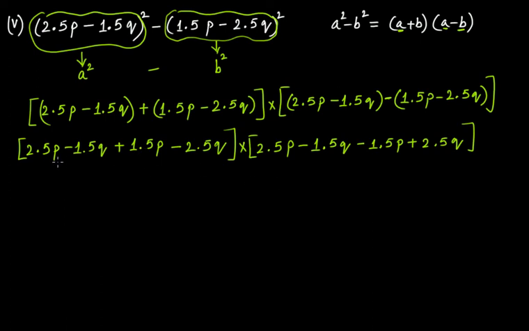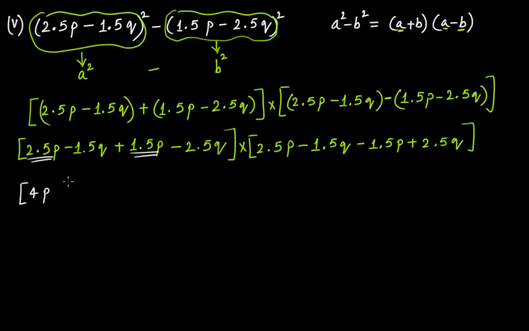Basically what you have to do now is write it as, we can check here now, this is 2.5p, this is 1.5p. Okay, so let's do one thing, add the like terms together. This is 2.5p, this is 1.5p, p here, like terms, add them, you'll get 2.5 plus 1.5 is 4p.